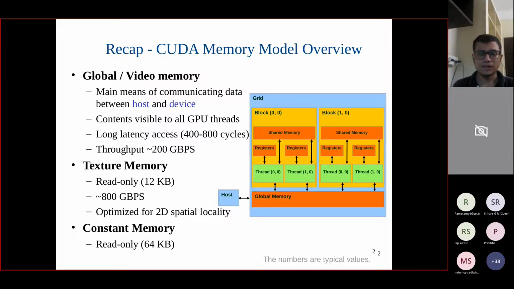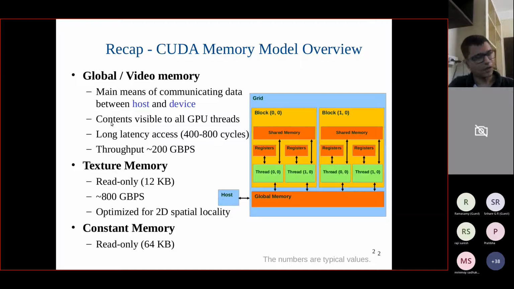Think of it like there are multiple reads and writes happening to global memory, which is ideally not the case for the CPU. That's why the throughput is larger, because the number of operations performed is larger. So throughput-wise the GPU's memory is better, but latency-wise the CPU has lesser latency. The CPU might take fewer cycles to access its DRAM. That's one point I wanted to highlight between CPU and GPU for throughput and latency.